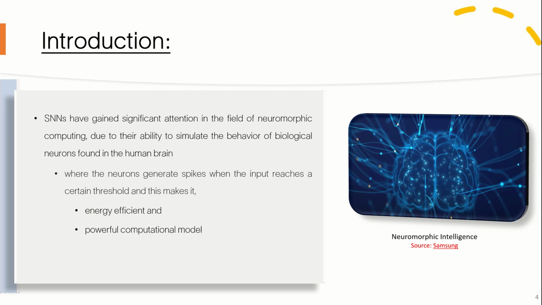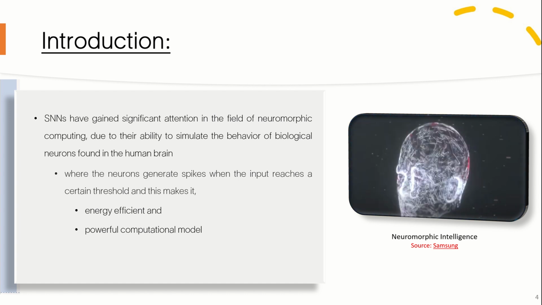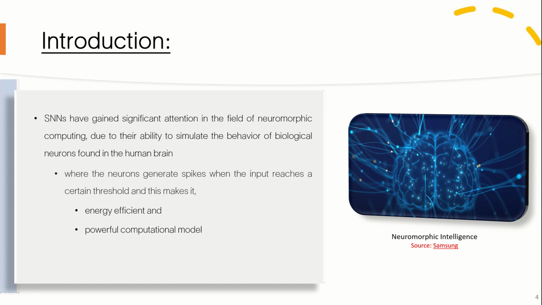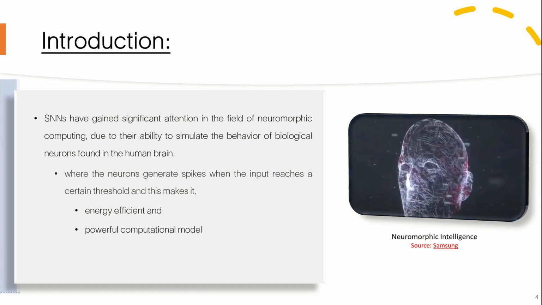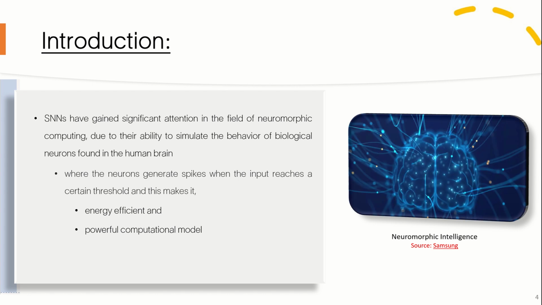Let's start. Spiking networks have gained significant attention recently in the field of neuromorphic computing because of their ability to simulate behavior similar to the biological neurons found in the human brain. As for the functionality of spiking neural networks, the mechanism works like this: the neuron generates spikes when the input reaches a certain threshold.